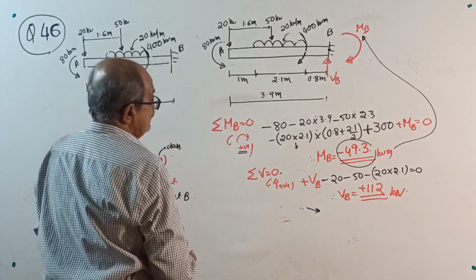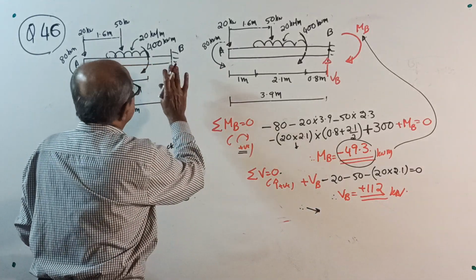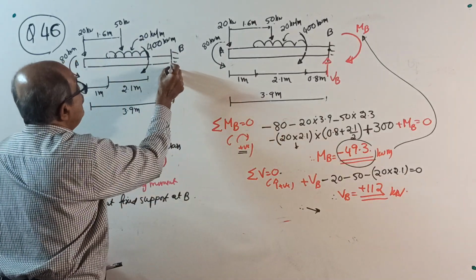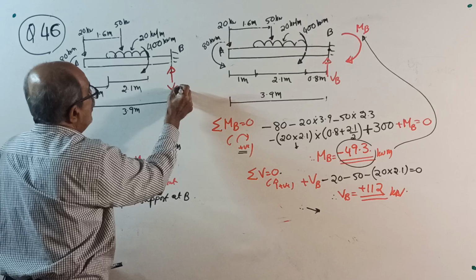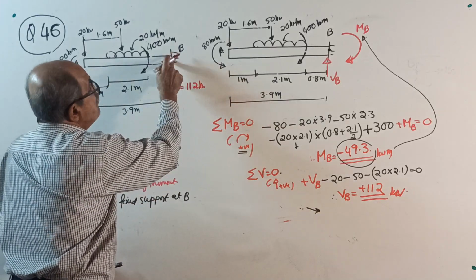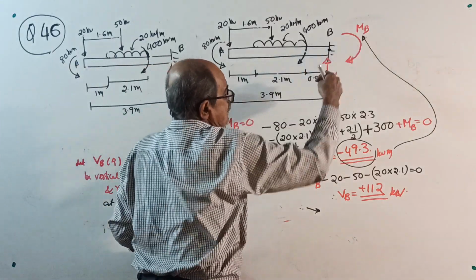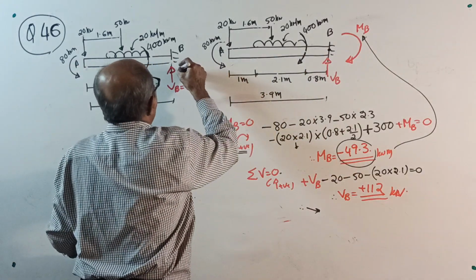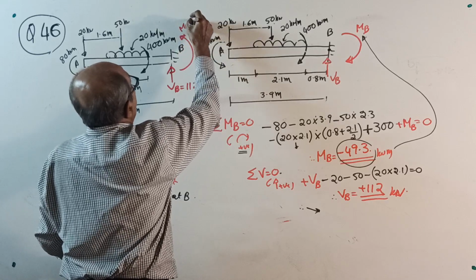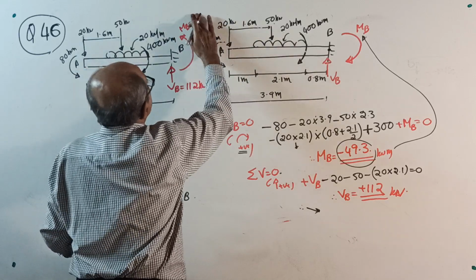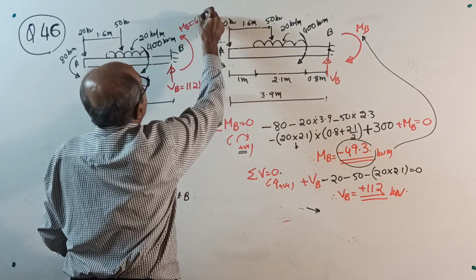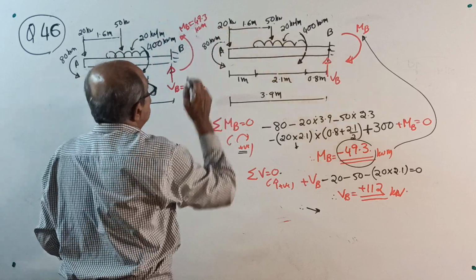So, support reactions will be, put the beam once again here and write VB upward of 112 kilonewton, and MB we considered clockwise, negative sign came, so it is anti-clockwise MB of 49.3 kilonewton meter. You write this note.